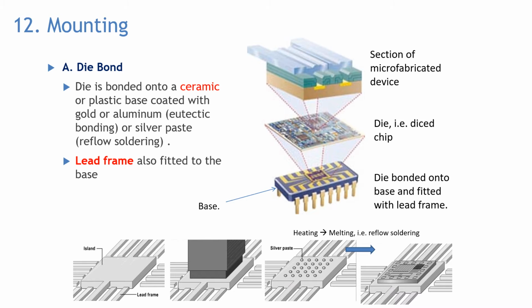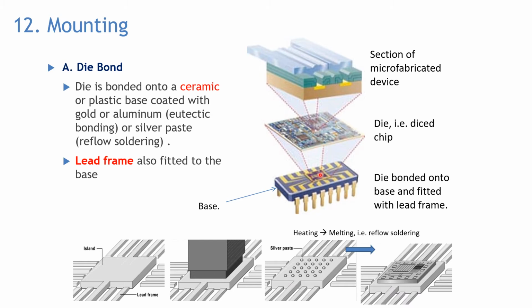The die bond is where the die is bonded onto a ceramic or plastic base coated with gold or aluminum or silver paste. The lead frame is also fitted to the base. So if you look, this is the base, and on top there will be a lead frame.